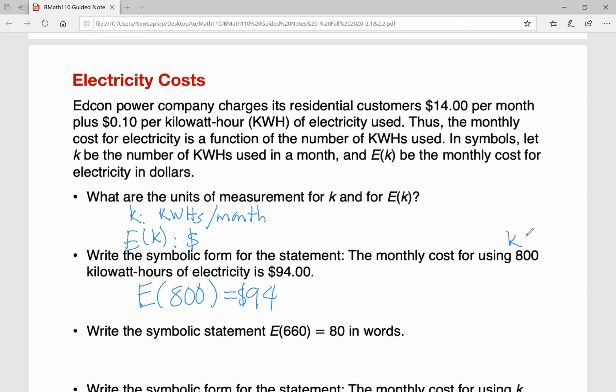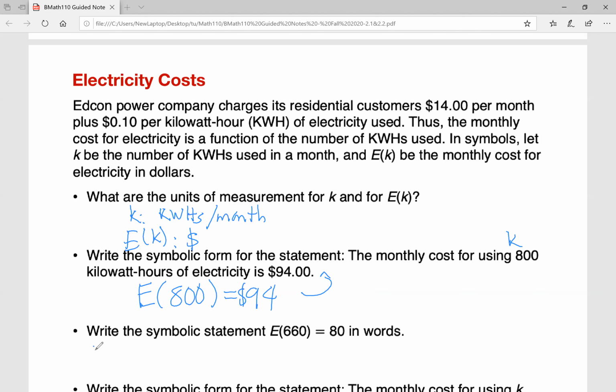Okay, next question. Write the symbolic statement E(660) equal to 80 in words. It's actually the inverse way, right? You can take a look at this statement to write.